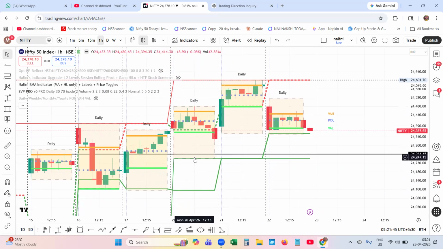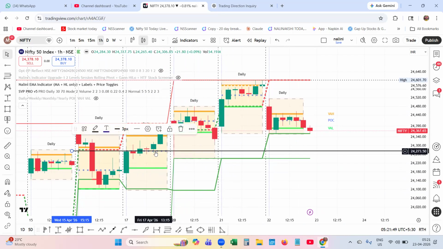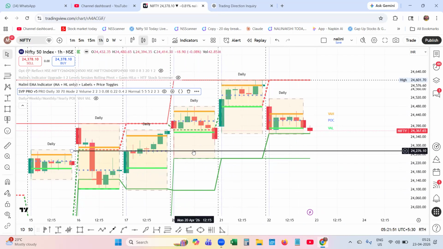In this extra area, you can see the point of control on Friday lying over here. The market for a while breached this level on Monday and closed inside. Though it closed inside, the direction is that it closed at the bottom. Now, the market may seek this level.